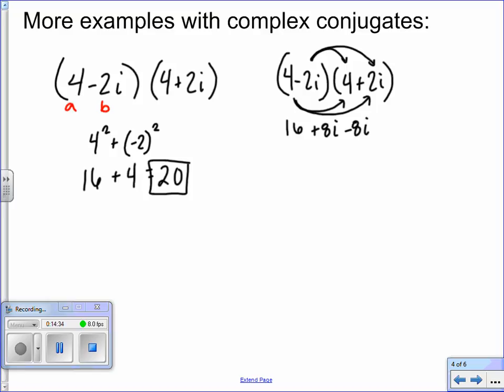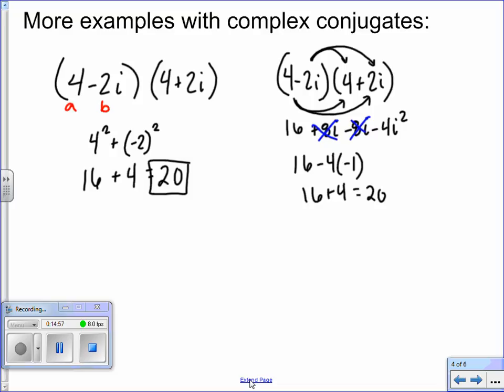And negative 2i times positive 2i is negative 4i squared. My middle terms cancel out. I have 16 minus 4 times -1, which is 16 plus 4, which is 20.